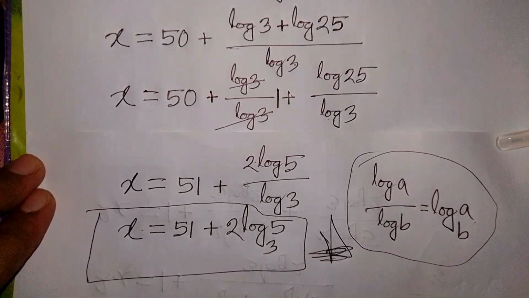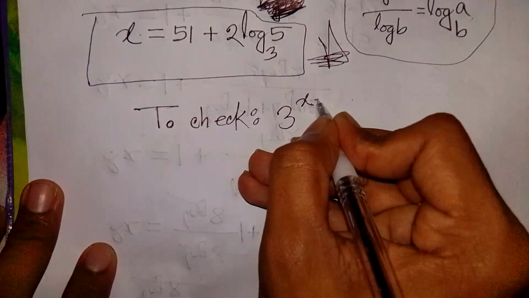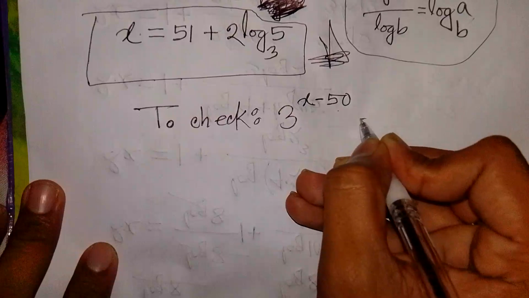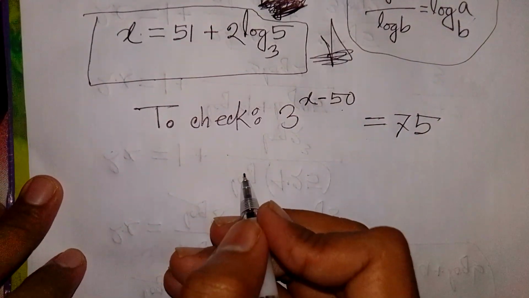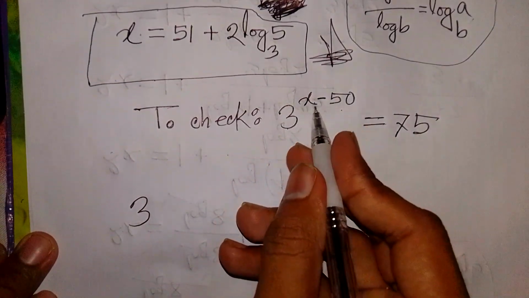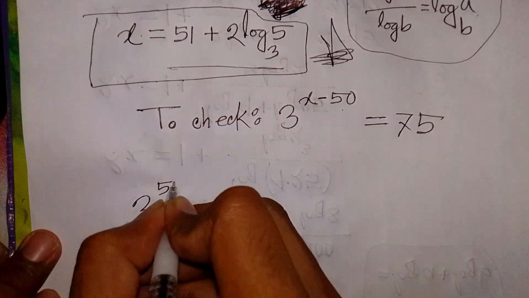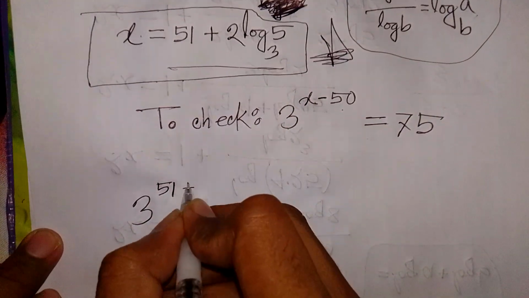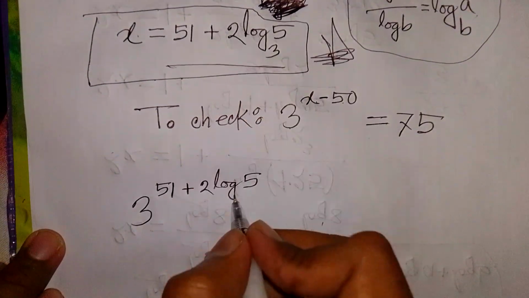Now to check our equation, 3 power of x minus 50 is equal to 75. Now we have 3 power of x minus 50. So the value of x is 51 plus 2 log 5 base 3.